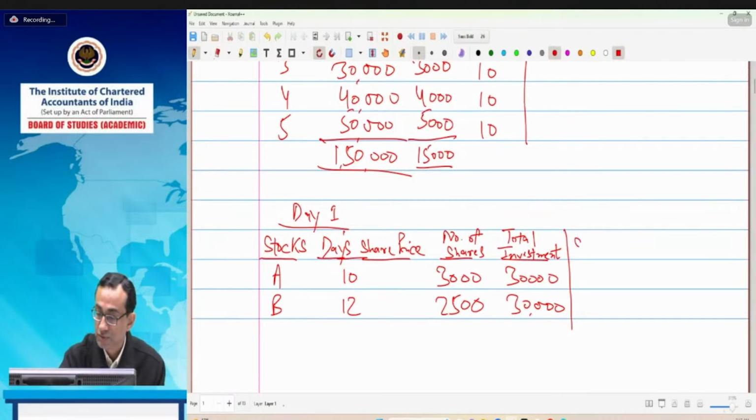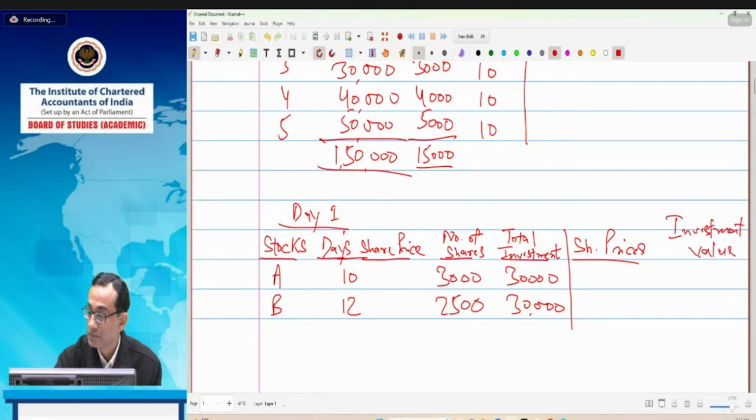So in this column, I will put the share prices. And the next column will be the investment value. Let us say the share price of stock A increases from 10 to 12 on day 2. This is share price in rupees.